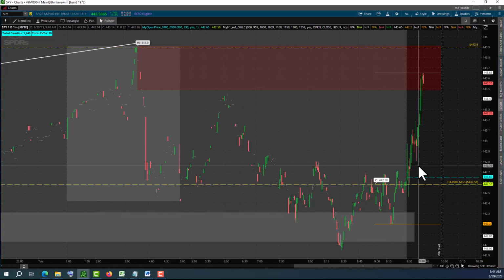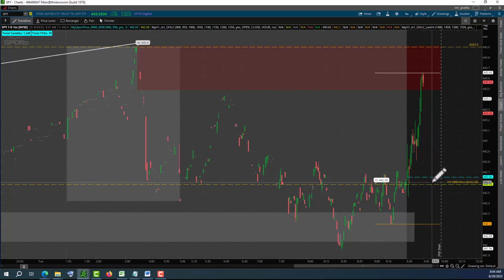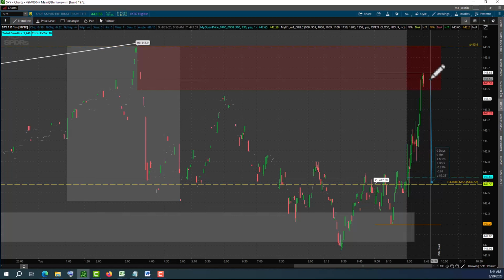So if we're not picky, we can take a quick trade: when it goes in right here, we retest this one, go in and take a quick profit right here. Almost $1 right there. You see that?